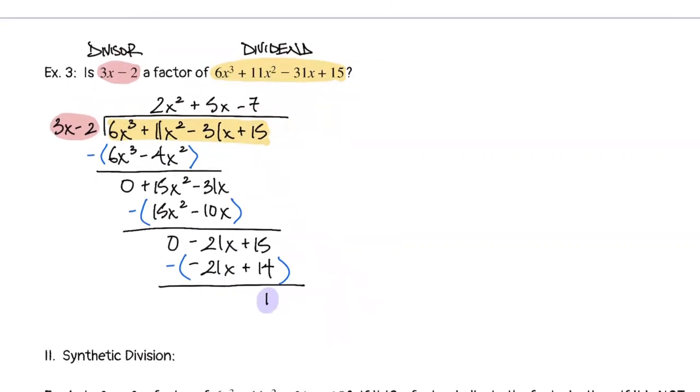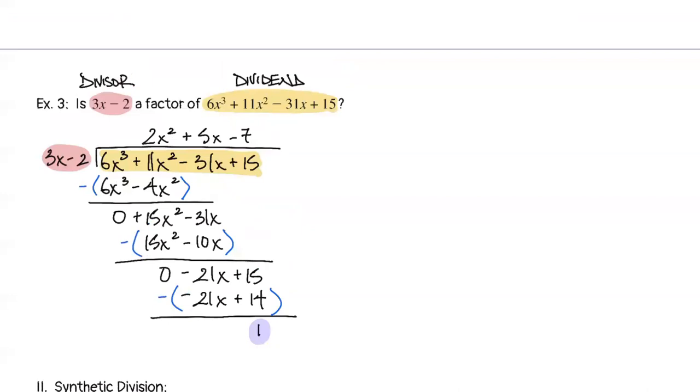So go back to this question. Is 3x minus 2 a factor of 6x cubed plus 11x squared minus 31x plus 15? It is not a factor. Good.